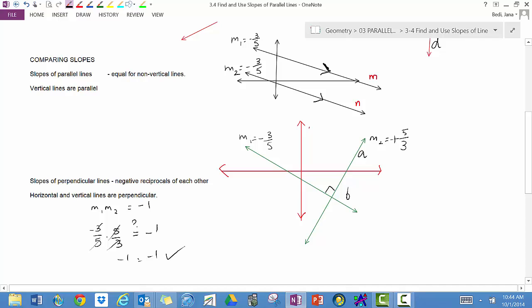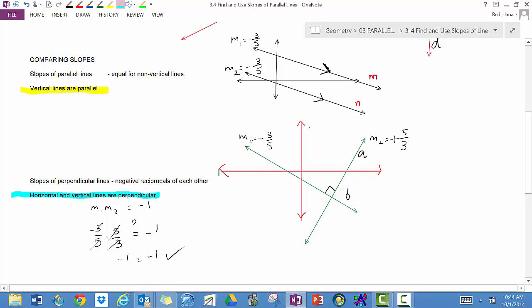Special cases: vertical lines have slopes that are undefined but they are parallel. So we can't say the slopes of vertical lines are equal, but they are both undefined, they are parallel. And as far as perpendicular lines are concerned, any horizontal line and any vertical line is perpendicular.